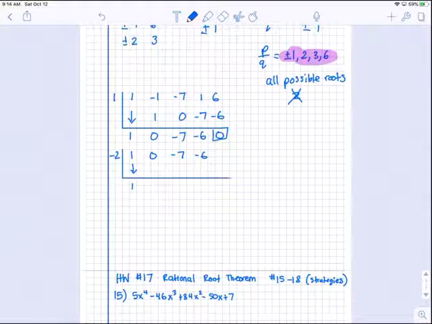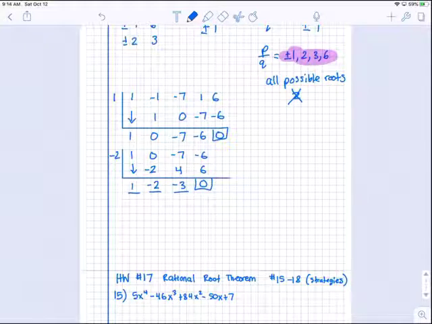So -2 times 1 will give you -2. 0 plus -2 is -2. -2 times -2 is 4. -7 plus 4 is -3, and -2 times -3 is 6. And look at that, we got a remainder of 0. So we know 1 and -2 are our roots, and now we have a trinomial.